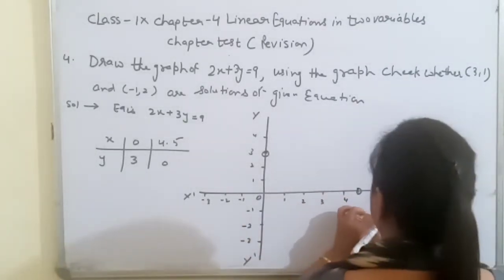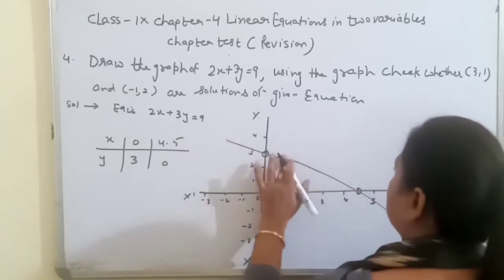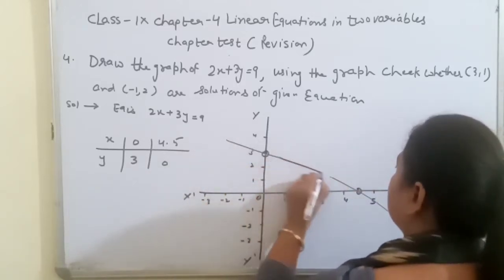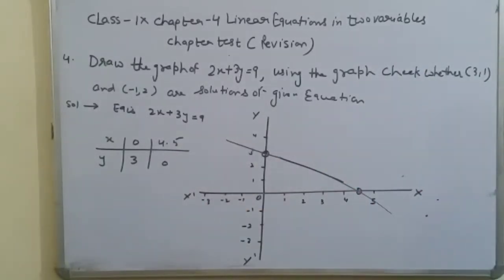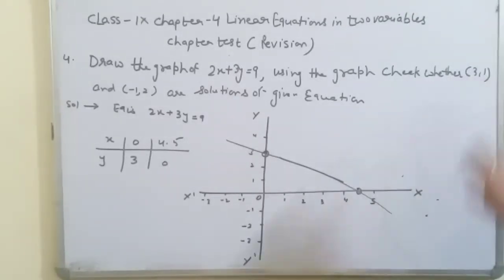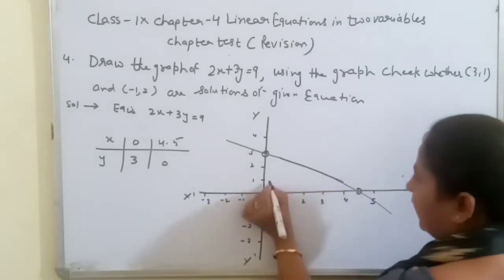Now draw the straight line. Now this is the line. When we draw it on the graph sheet, you will get a straight line. Now we have to check whether these 2 points, x is 3, y is 1, lie on it.